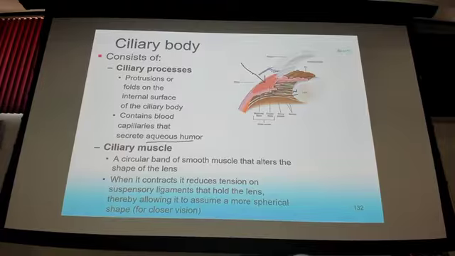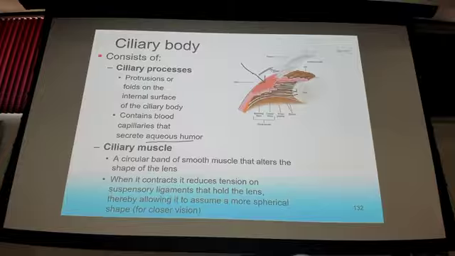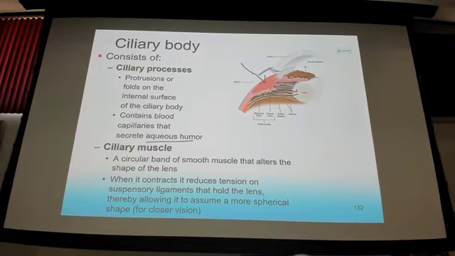So we're only seeing a cross-section of that, but you have to fully understand that the iris goes all the way around. It's a globe. So we would have a ciliary body and muscle attached to the iris all the way around, and then you have a lens deep inside that those ciliary processes go to. Trying to give you all a visual, and looking at this helps to understand that it's a globe, it's not just a section. I'll keep mentioning that.